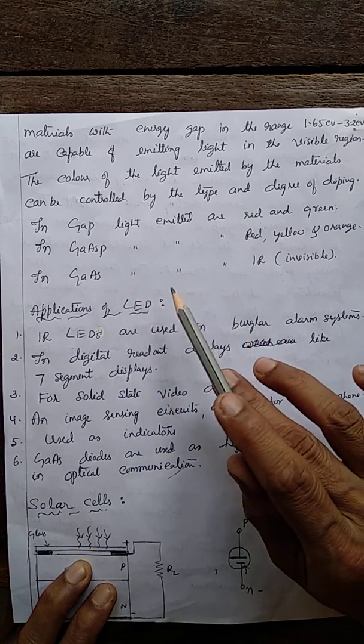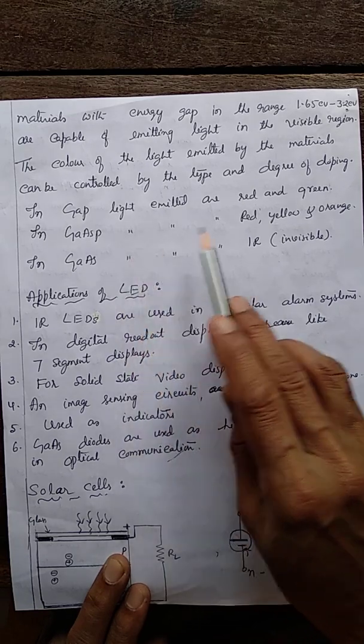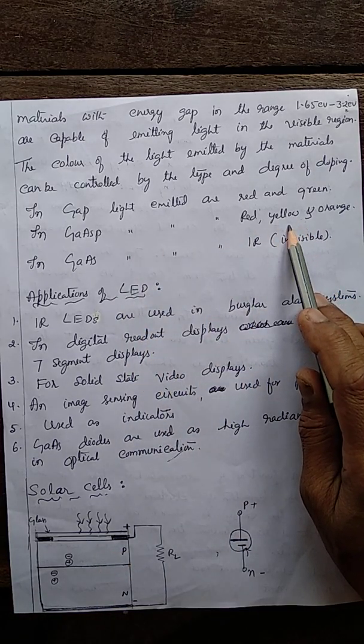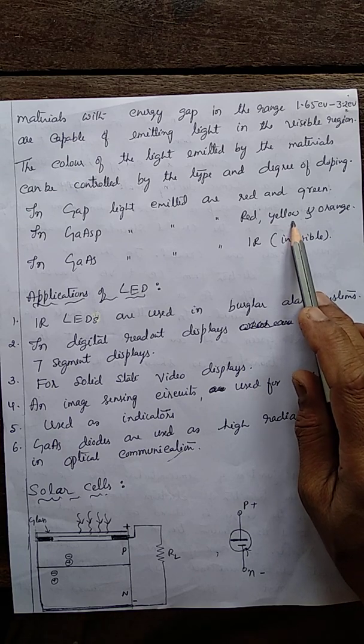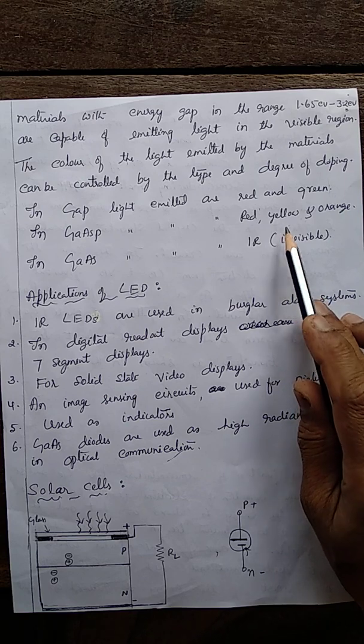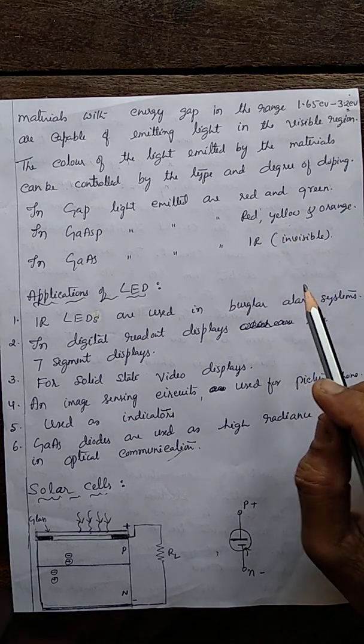Gallium arsenide phosphide, red, yellow, orange light are emitted. This emission of light depends on what type of semiconductor material is used, and it also depends on the degree of doping.